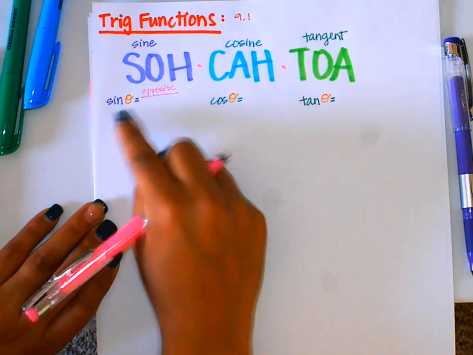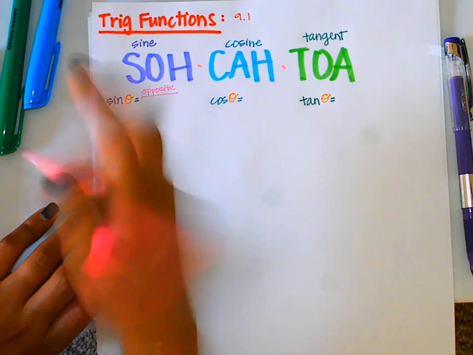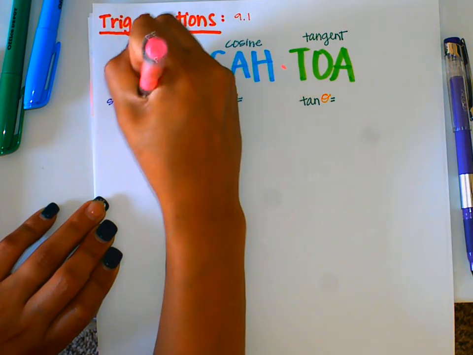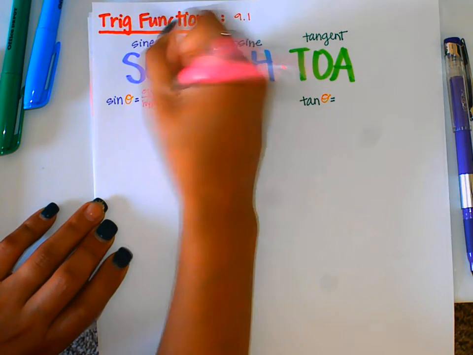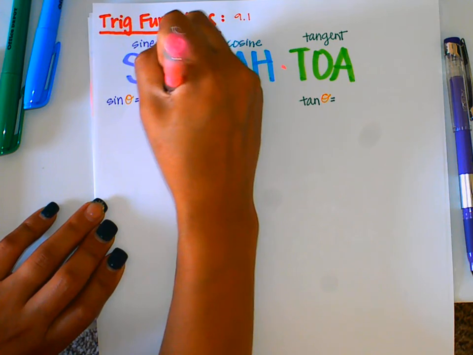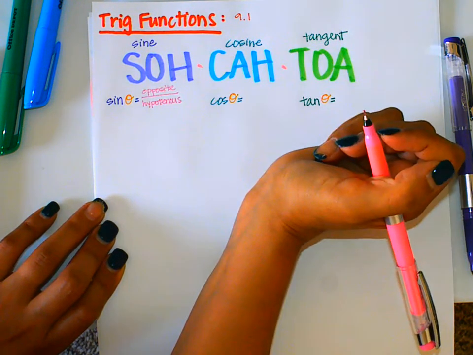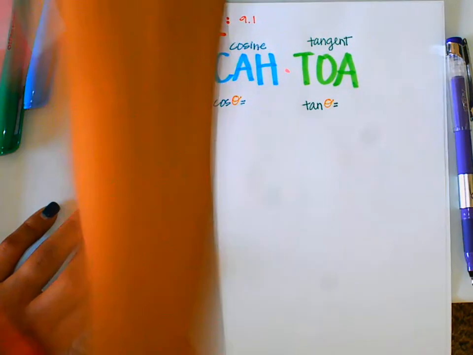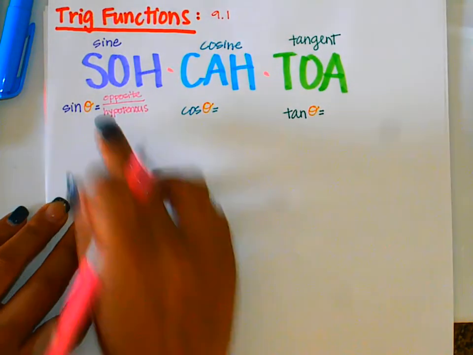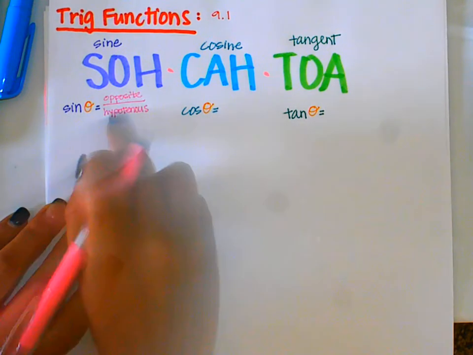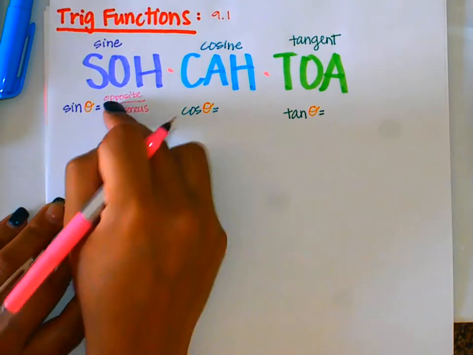So you look at your reference angle, and then you take the side directly opposite of it over the hypotenuse. And you should know what a hypotenuse is. I'm pretty sure I misspelled that. I usually just put H-Y-P. I'm sorry if someone who knows how to spell it is looking at me. All right, so sine is always opposite over hypotenuse. That's the formula, that's the equation, okay?